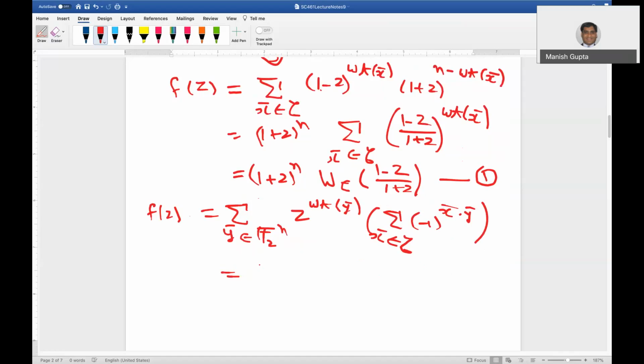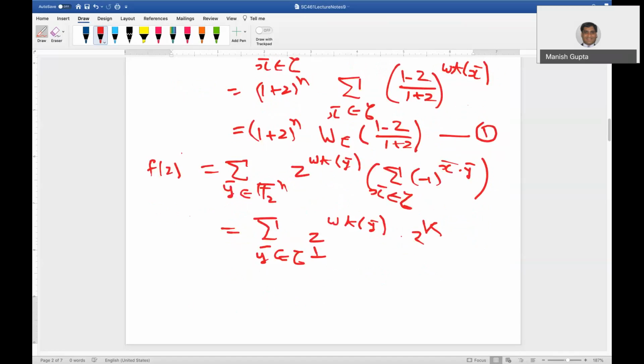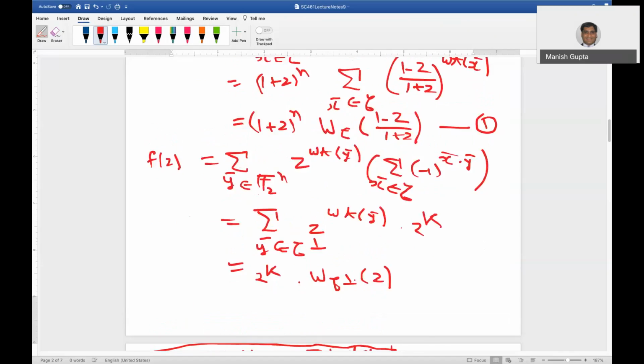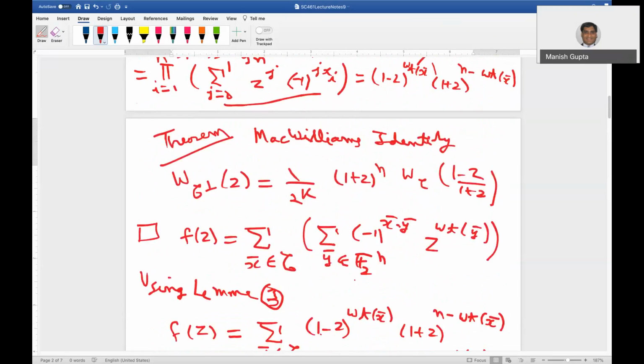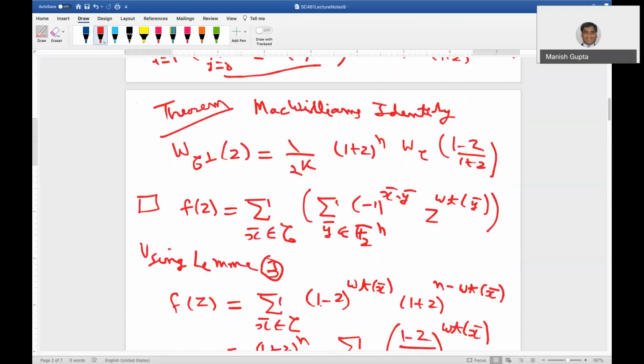This is the summation over y belongs to C perp of z raised to power weight of y times 2 raised to power k. So this is nothing but 2 raised to power k times W_C perp of z. And so we got the result. Comparing both f of z values, we get the desired result.